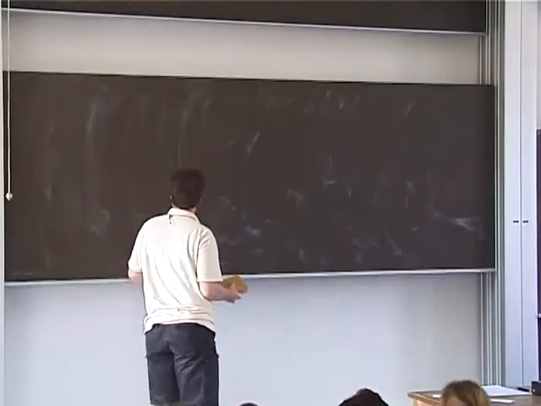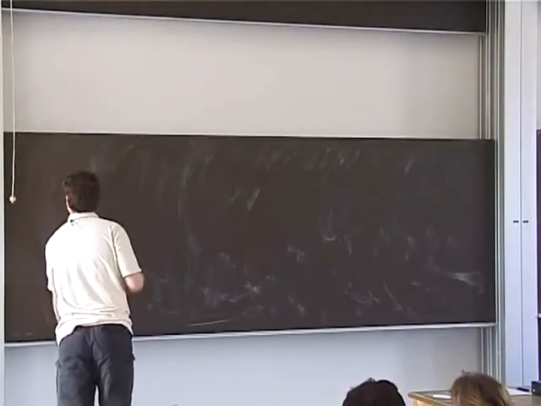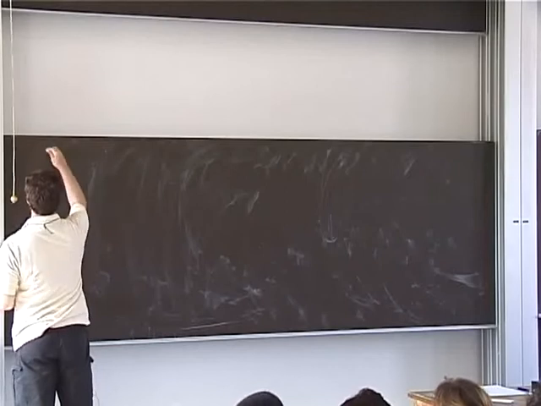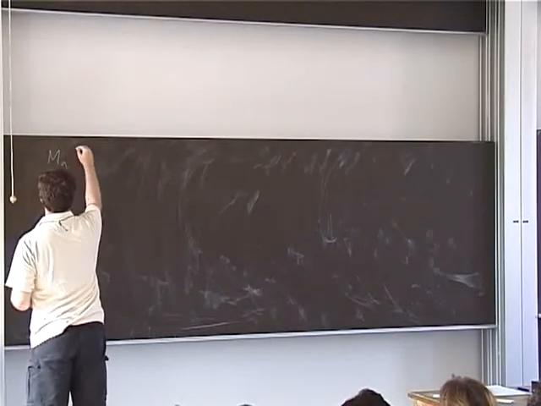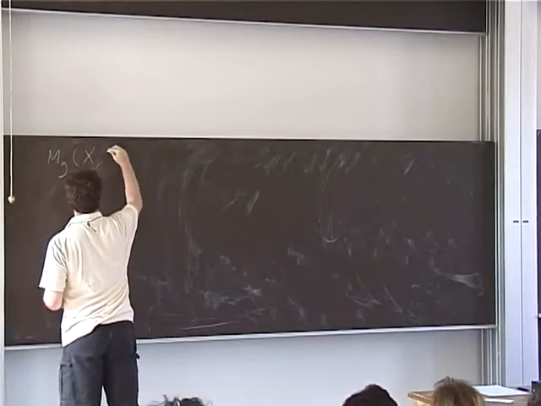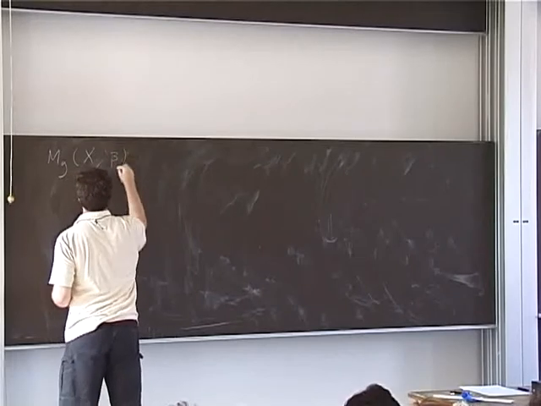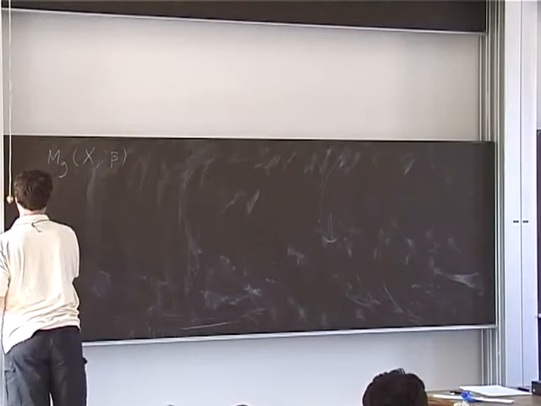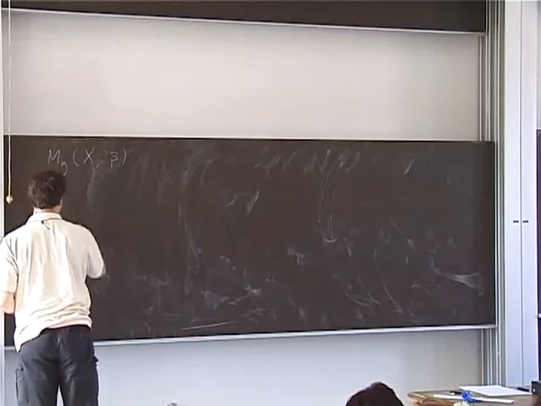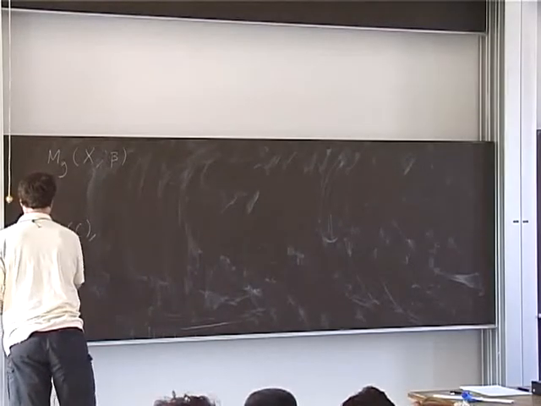deformations of this curve. So we can form some parameter space. I mean, just using Hilbert schemes, we can form some parameter space, M_{g,β}(X). g is the genus of this curve, and β is the curve class.